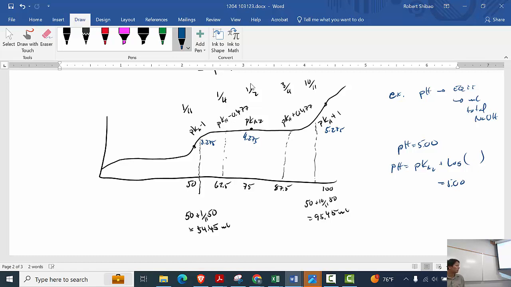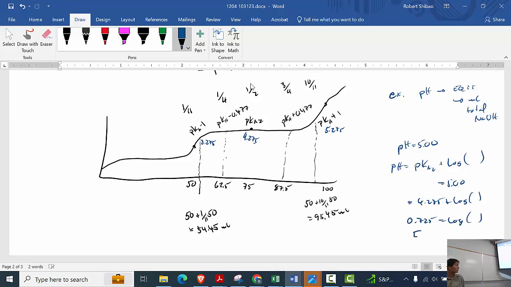So 5.00 is equal to 4.275 plus the log of the ratio, and then subtract 4.275 from both sides. And so I'll get 0.725 is equal to the log of the base to acid ratio.